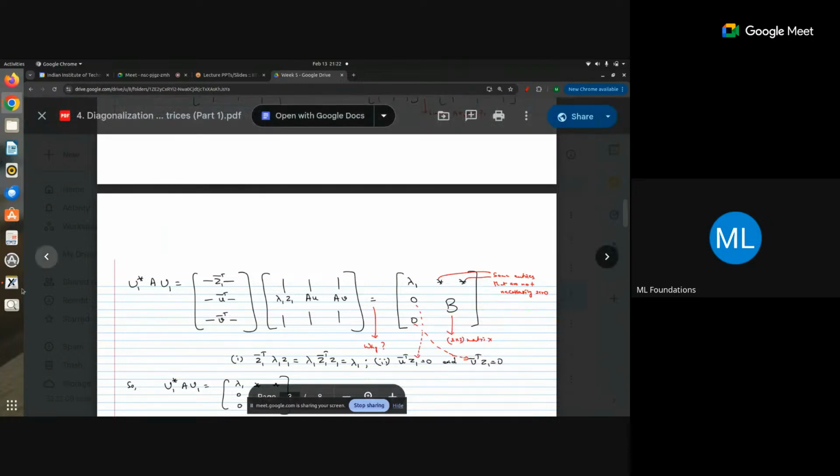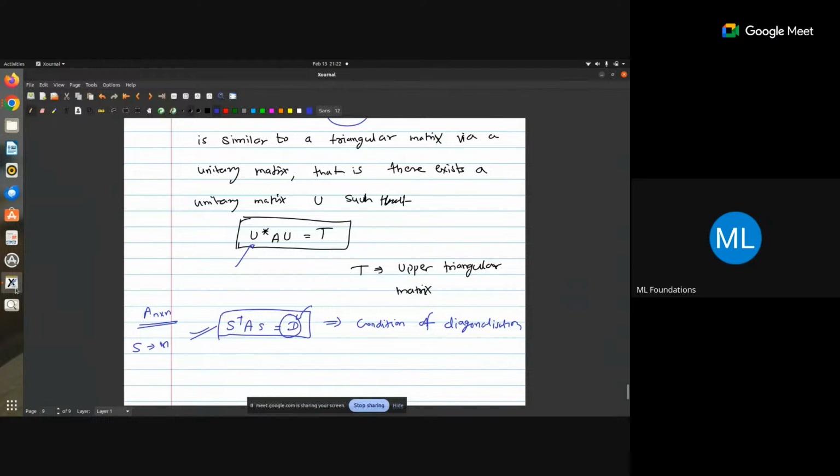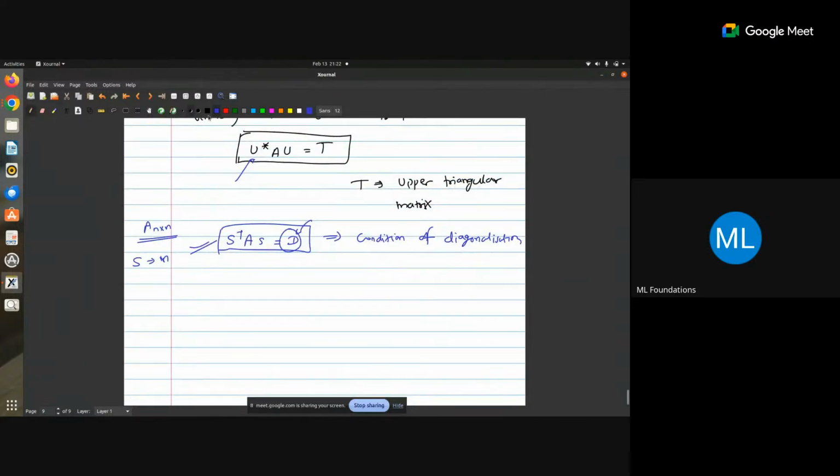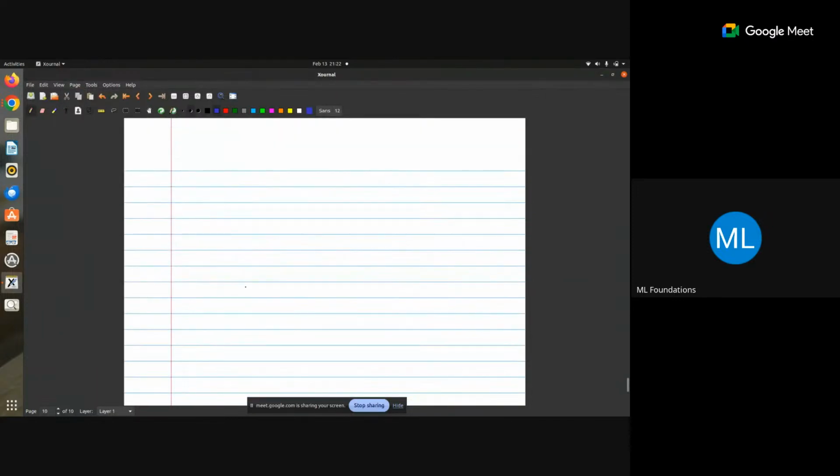What I'll get now? Maybe I'll write it down so that it will be understandable. Sorry, better you can take an example. Yeah, I will take it. First try to understand this, then we go to the example and verify that.